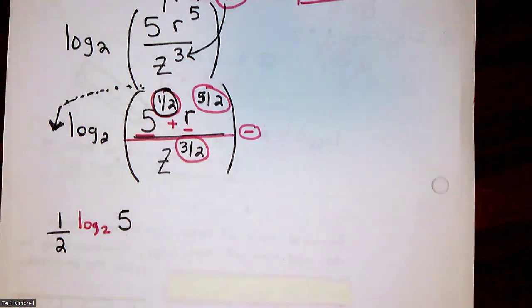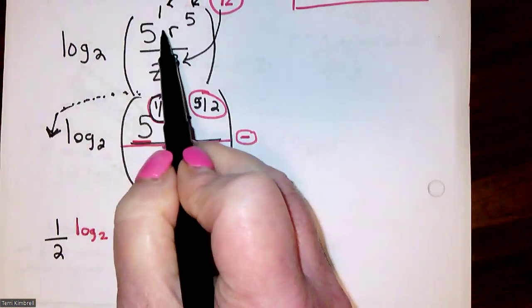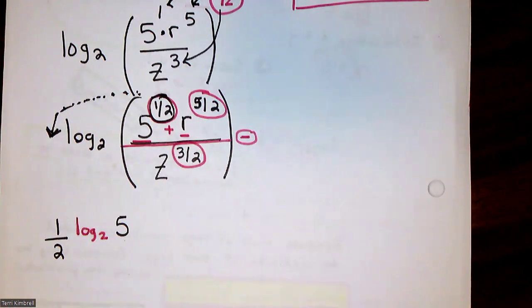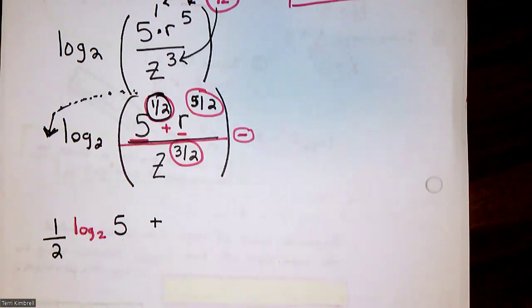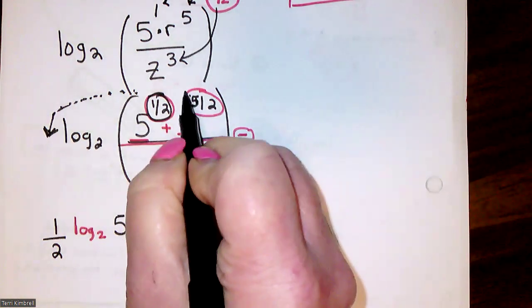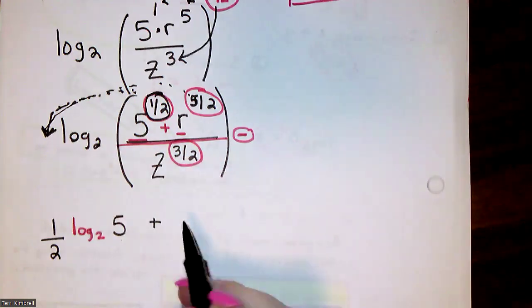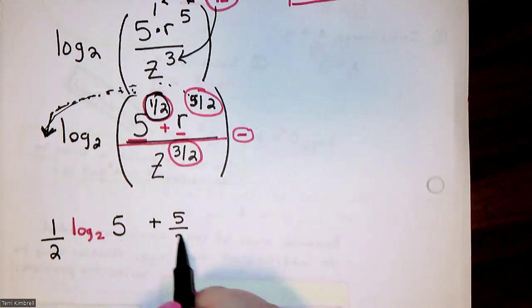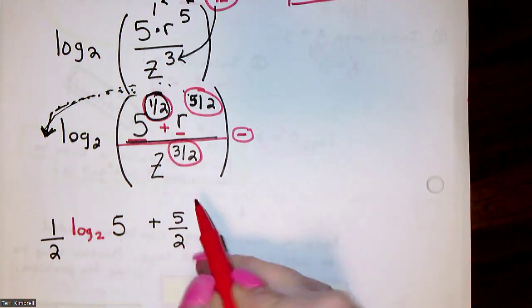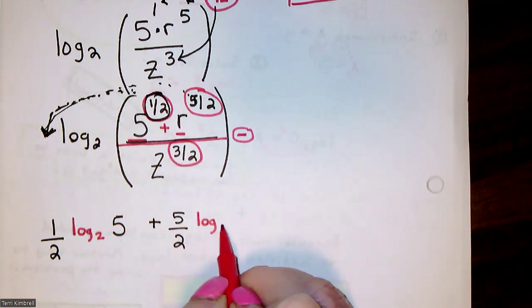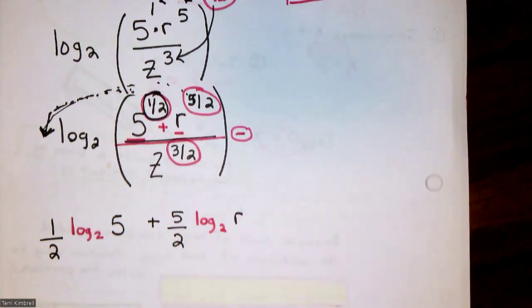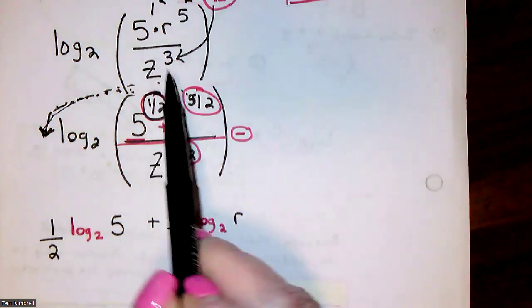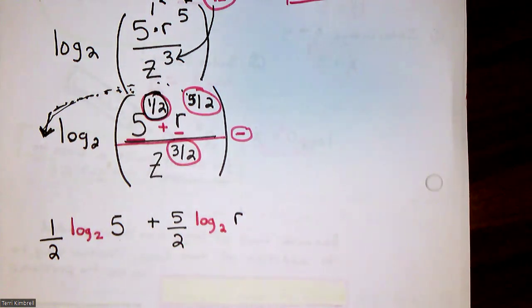Since this was a times, when you go back, it was a multiply. We're now going to put a plus. Now we're going to drop the 5/2 in front. So it would be 5/2, and then we would have log base 2, and we would put the r.